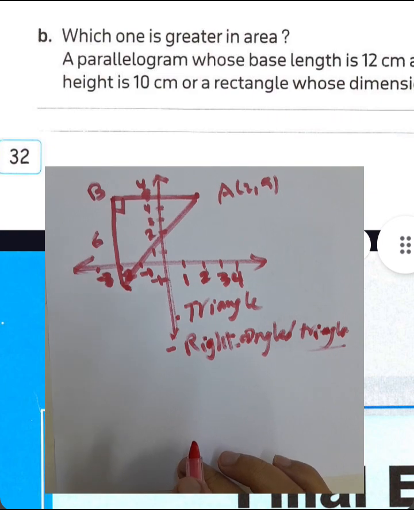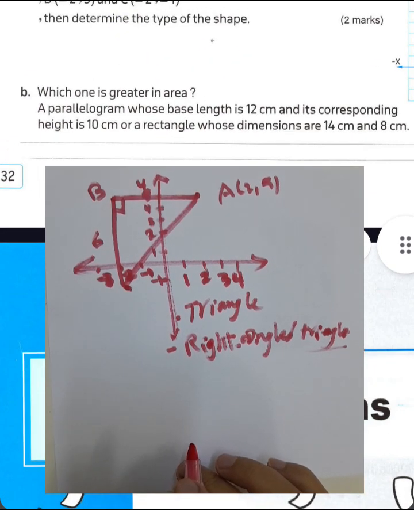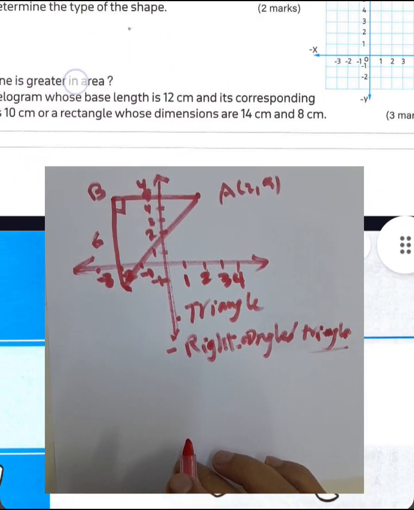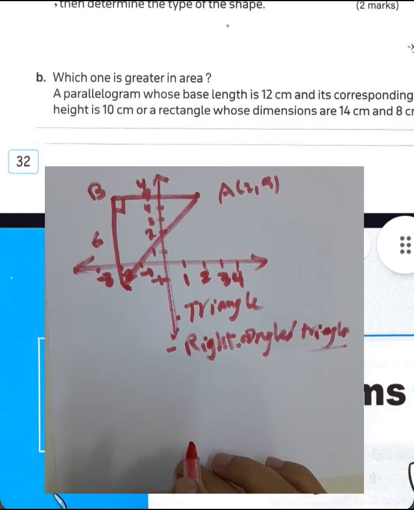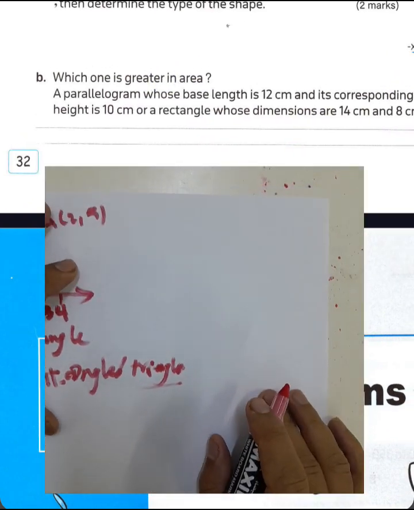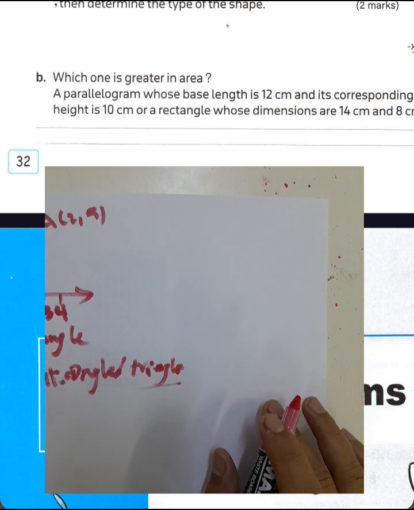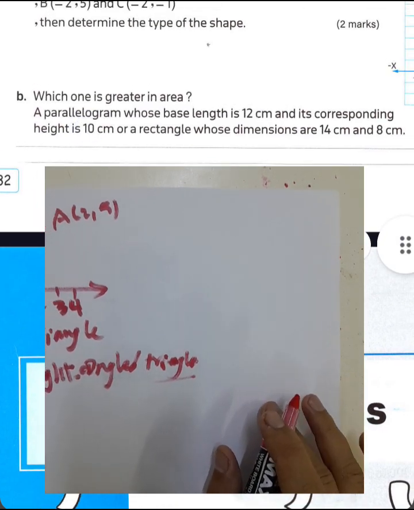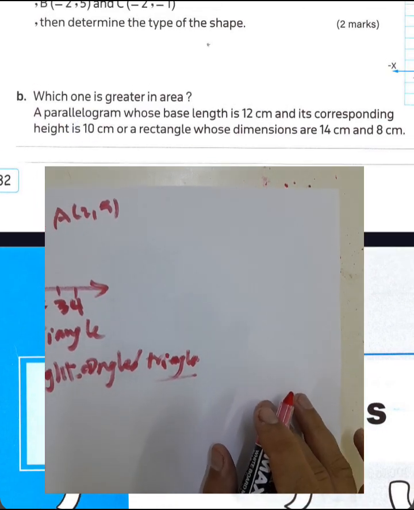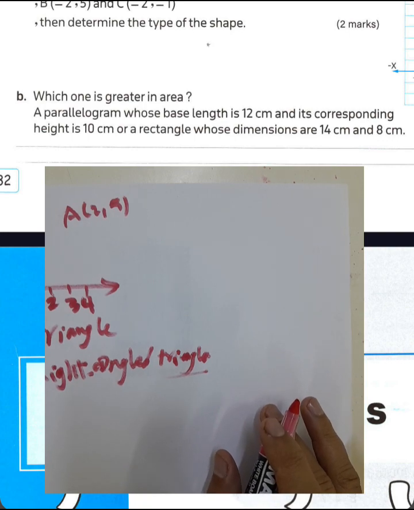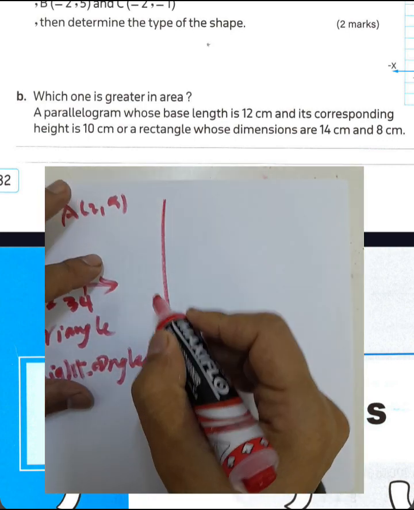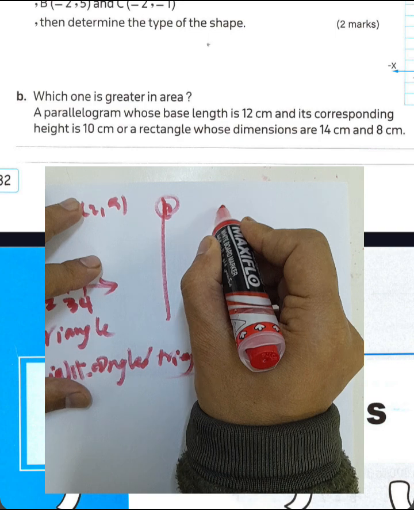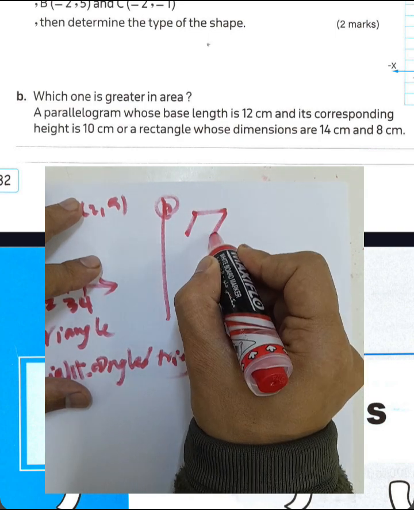Letter B, which one is the greater in area? We can find the area of each one. We have a parallelogram with base 12 centimeters and corresponding height 10 centimeters, or a rectangle. Okay, we must compare between two shapes here. First was the parallelogram, such as this.